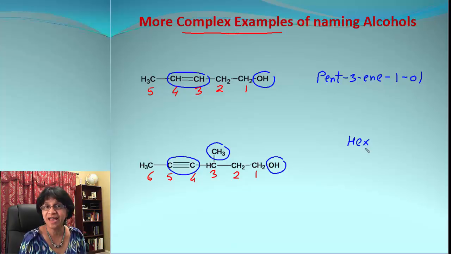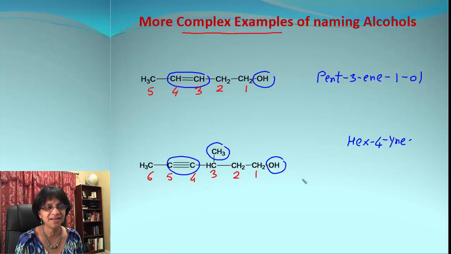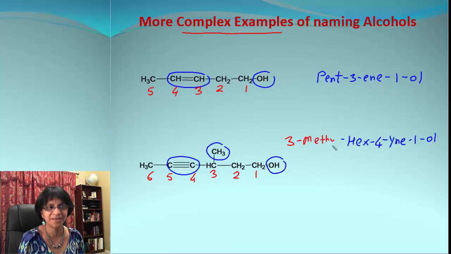So you're going to begin with hex. Since we have a triple bond there, we should write that as hex-4-yne. And then alcohol is of course at position number 1. So we put 1-ol. There is one more group and that's the methyl group at position 3. So we put that as 3-methylhex-4-yn-1-ol.